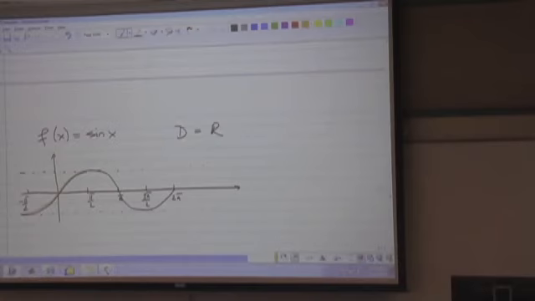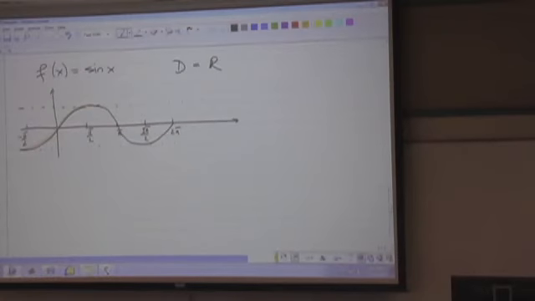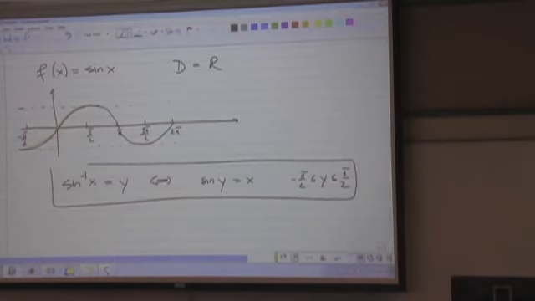Which means sine inverse of x is equal to y is equivalent to saying sine of y is equal to x, and y has to be between minus pi over 2 and pi over 2. Does this make sense?